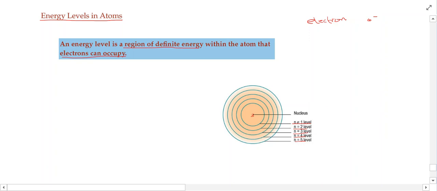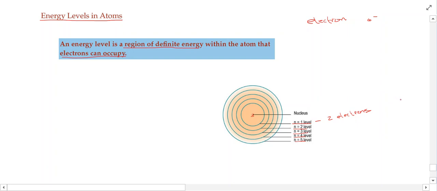If we think about n is equal to 1, the first region closest to the nucleus, it can hold up to 2 electrons. That's the max that we can get in there.